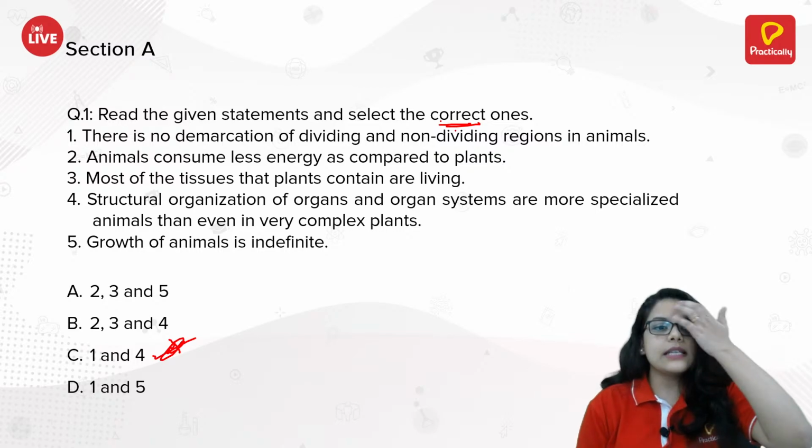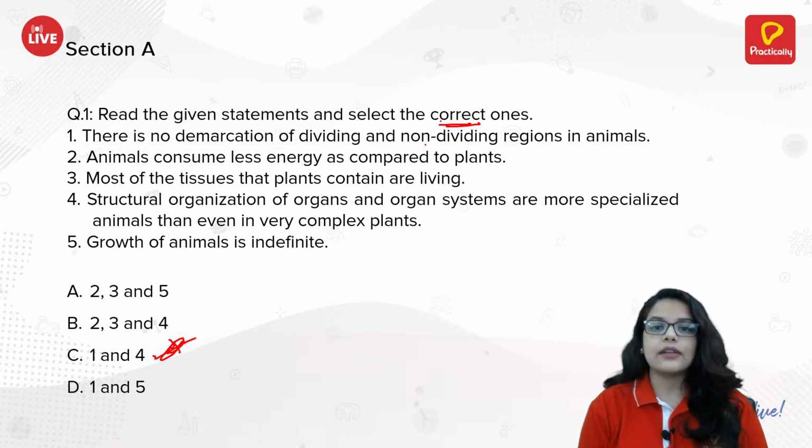So you have to select the correct options. Now, the first is there is no demarcation of dividing and non-dividing regions in the animals. This is not true at all. Why? Because we do not have a dividing and non-dividing region in animals, there is actually no demarcation.